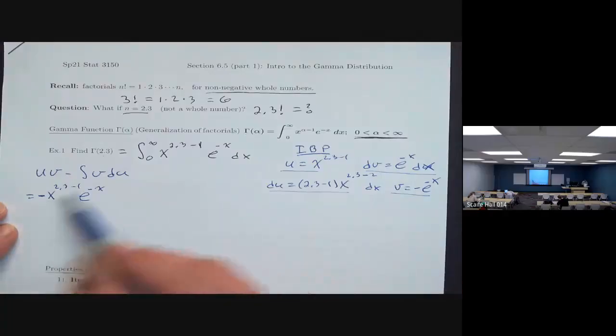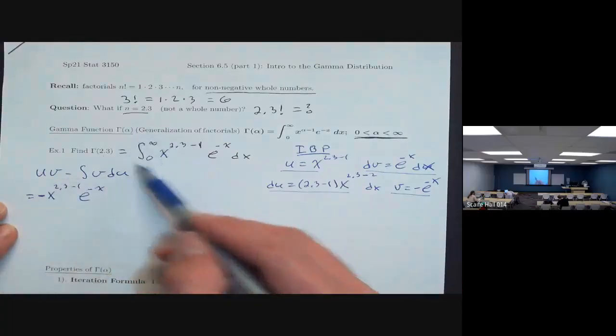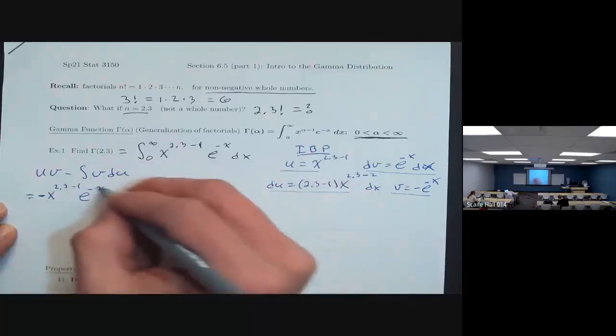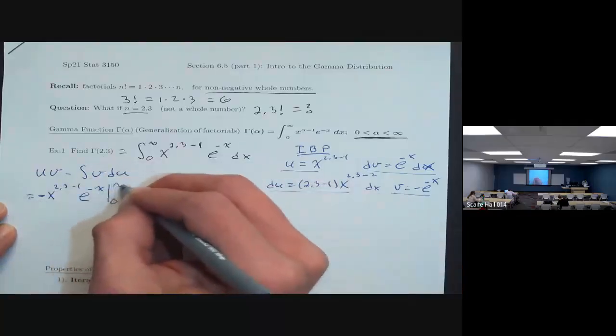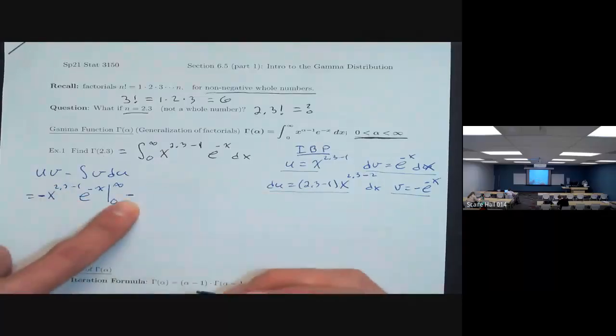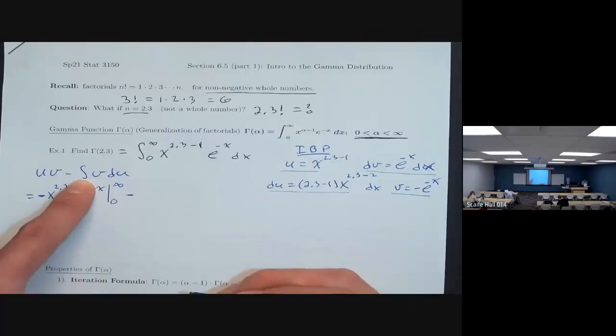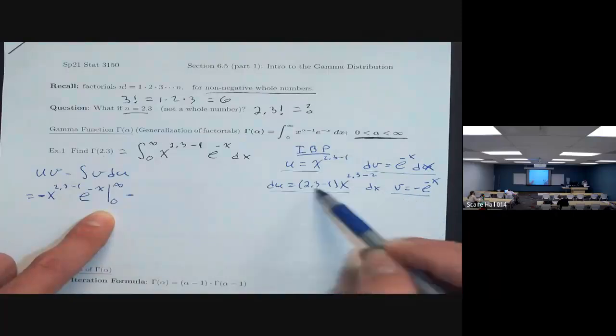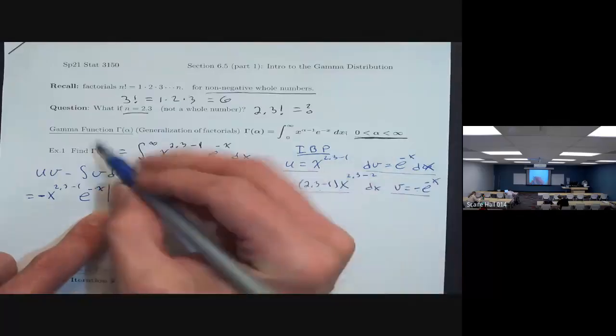Now, when I go to write this, this is actually inside this integral where I have these limits. So this first part can just be evaluated from 0 to infinity. And then minus this integral from 0 to infinity of v du. Actually, I'm going to take this negative and the 2.3 minus 1 to the outside.